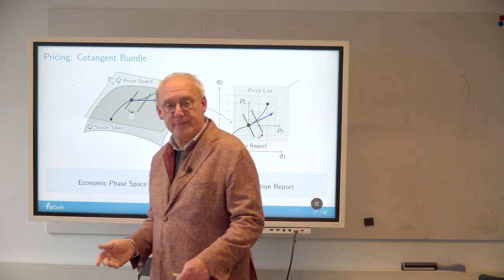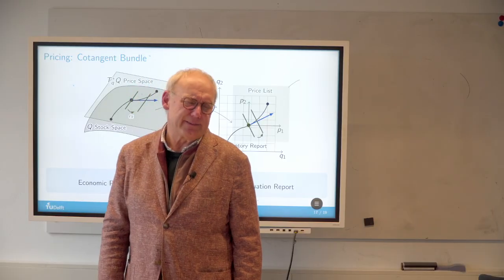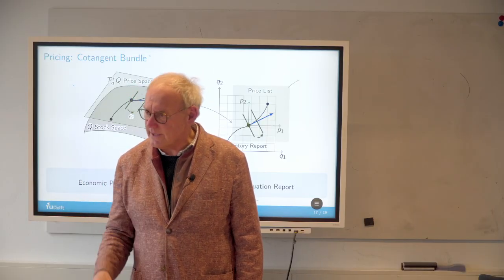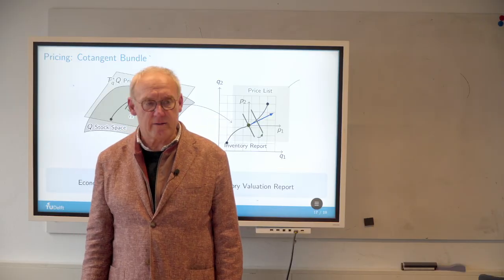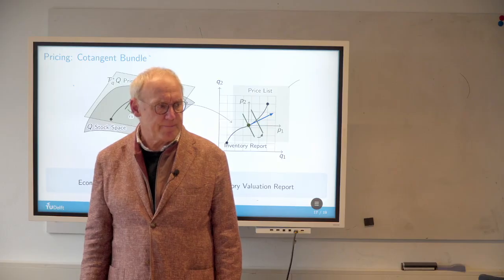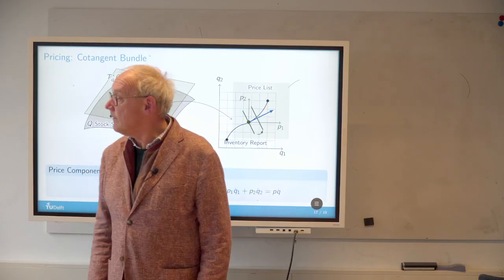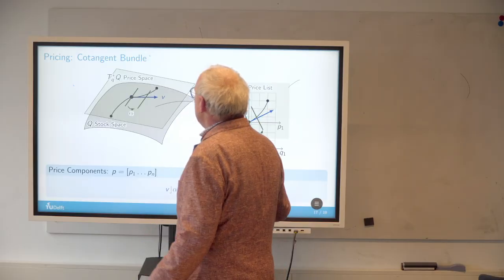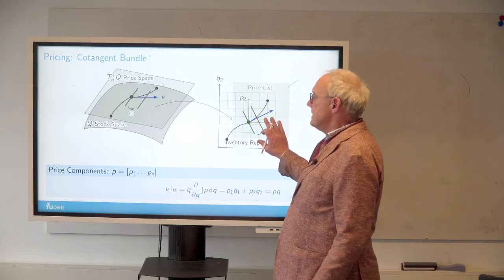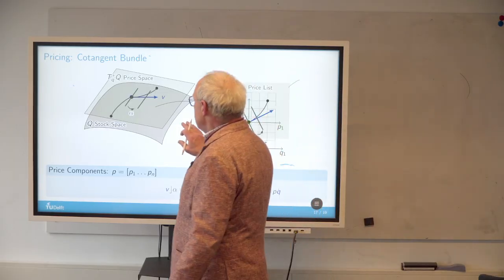I kind of looked it up, and that's what they call it. Doesn't really matter exactly how you call it, as long as you realize the simpleness of what is all happening here. All right? Now let's move on. The good thing about these inventory reports is that it becomes much easier now.